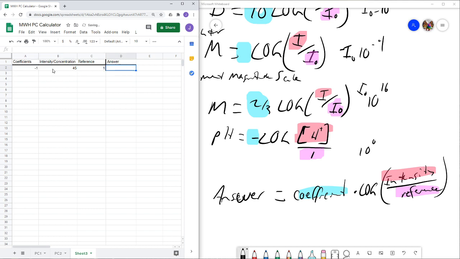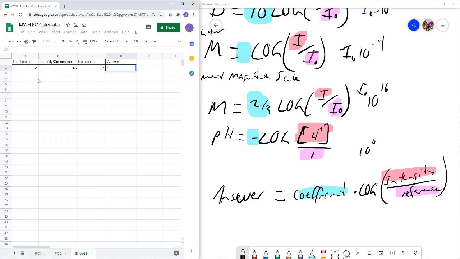Let's see what this would give us for pH, for example. The pH coefficient was -1, and our reference would be a 1. So that would be a very, very intense concentration of hydrogen ions, right? This value here would correspond to the molarity of the concentration of hydrogen ions.